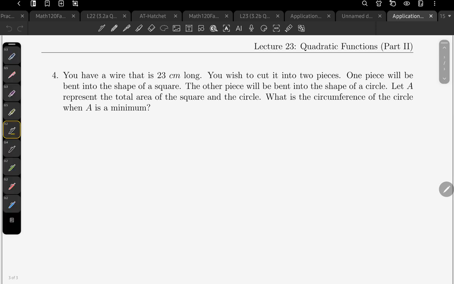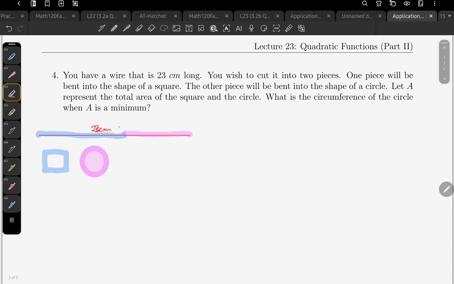Here we have a wire that is 23 centimeters long, and we cut it into two pieces like this. The first piece is bent into the shape of a square, while the second piece is bent into a circle.